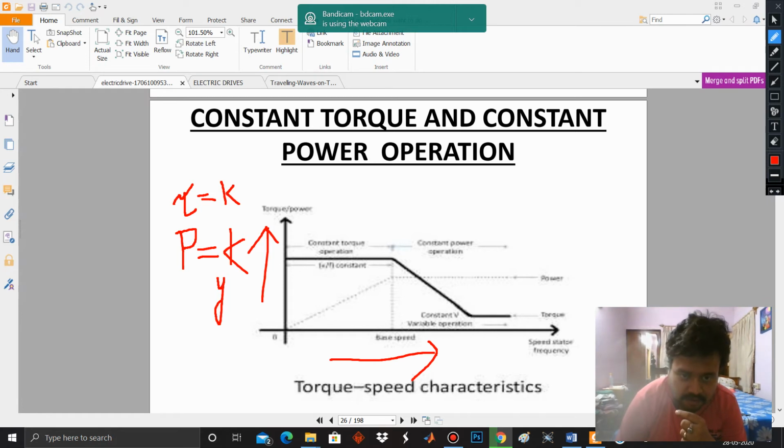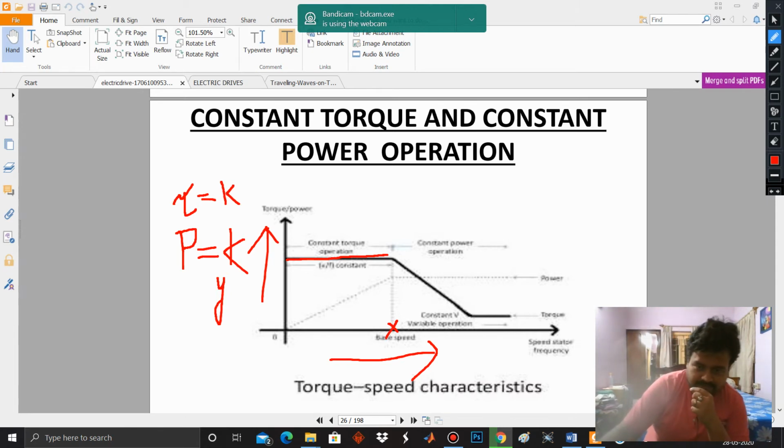Then for constant torque region, obviously this will be a flat line, it will be constant. So torque is constant over here, and this is up to the base speed.